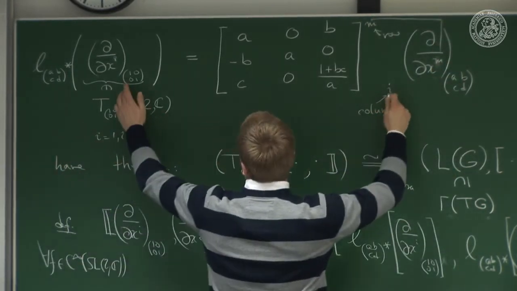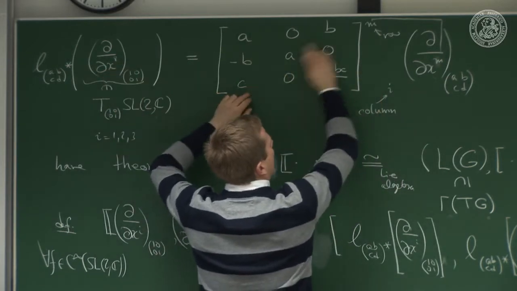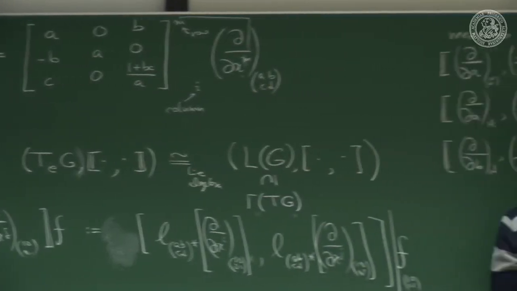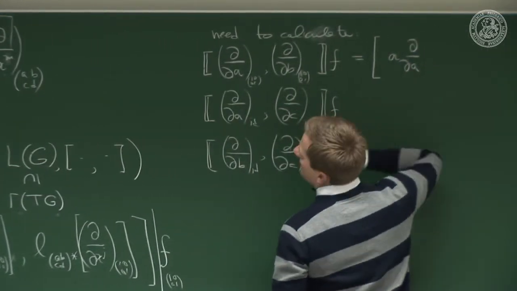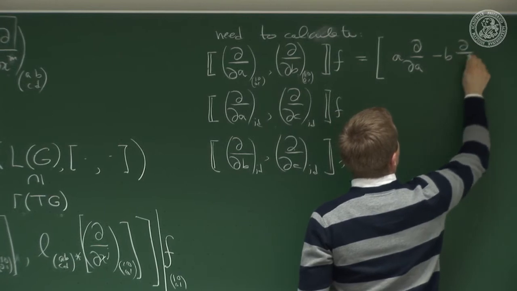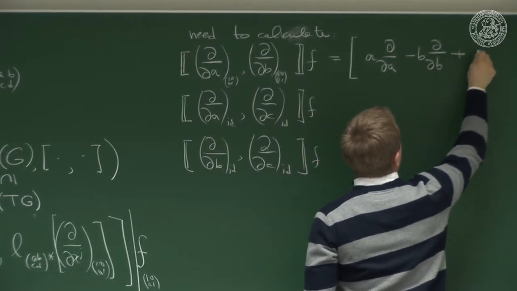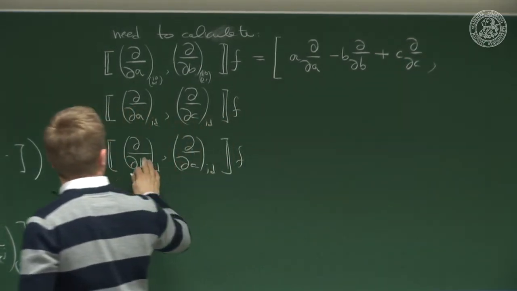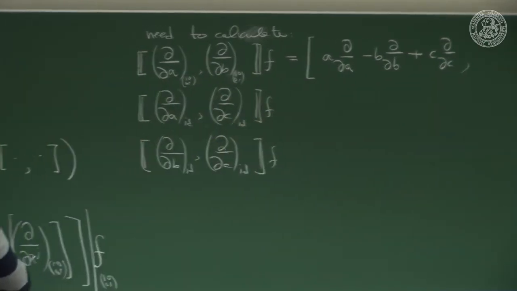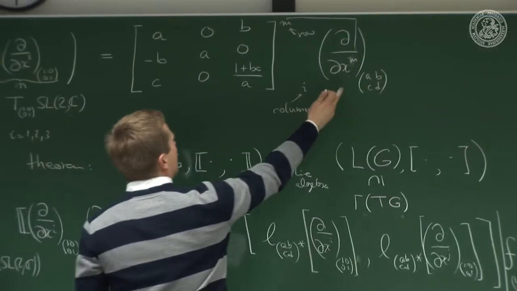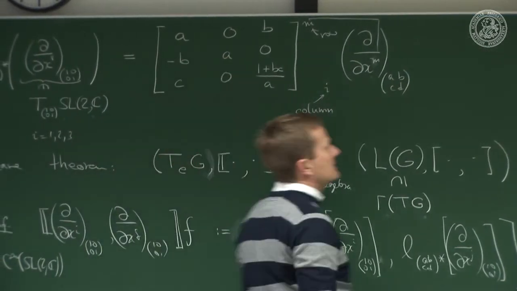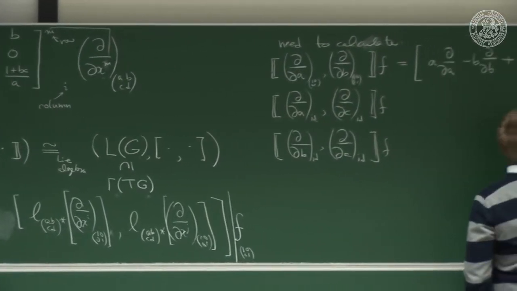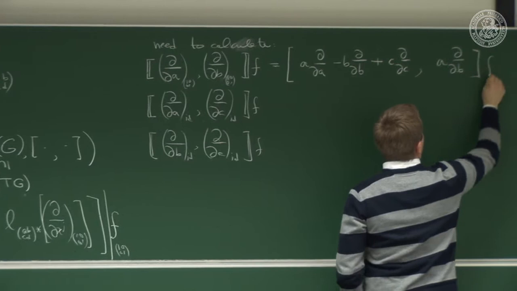So the column is being fixed to the first column, and the M is running, so it's A d by dA minus B d by dB plus C d by dC, comma, so that's the first one. The second, the push forward of the second vector field, it's the same game, obviously played with the second row, but that's much simpler. That's A d by dB, close bracket, acting on a function.